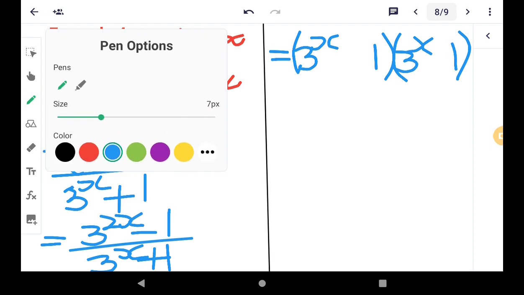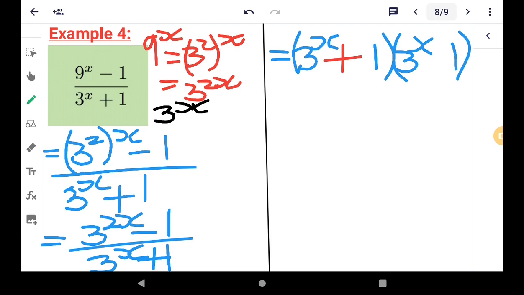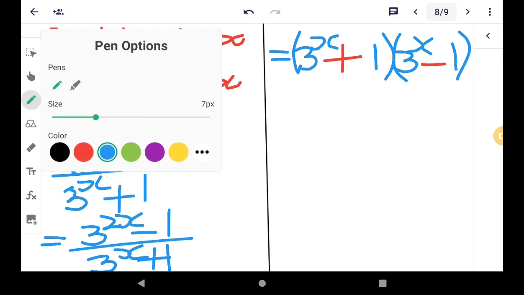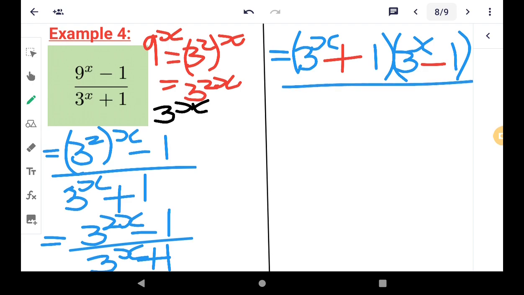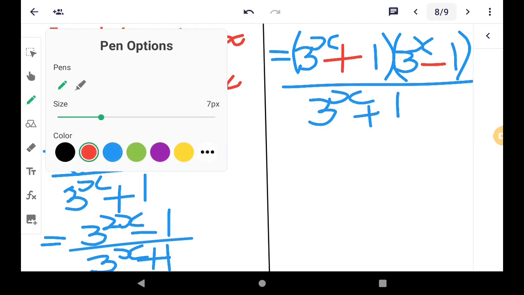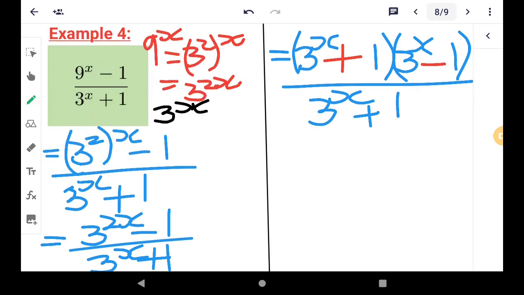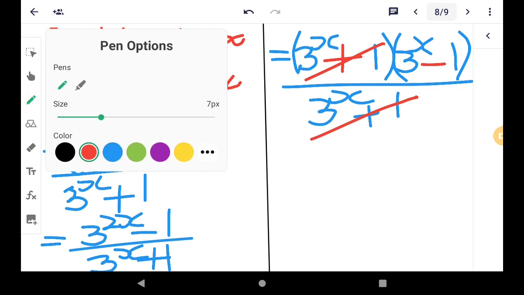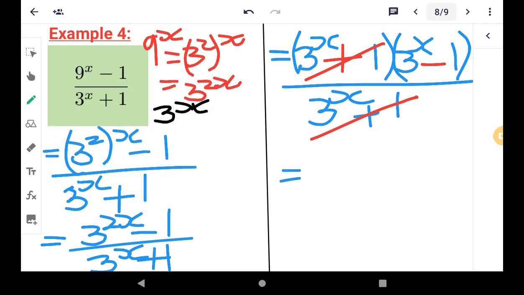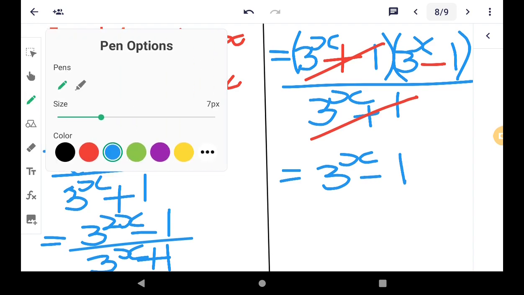And then all you do is you have plus and minus, just like you would when factorizing any difference of two squares. So that is 3 to the power of x plus 1. Now notice that the 3 to the power of x plus 1 at the bottom cancels with the 3 to the power of x plus 1 at the top, and you are left with 3 to the power of x minus 1, and that is your answer there.